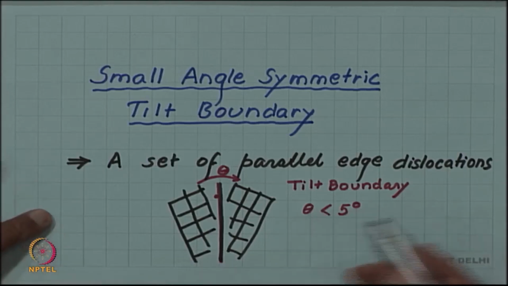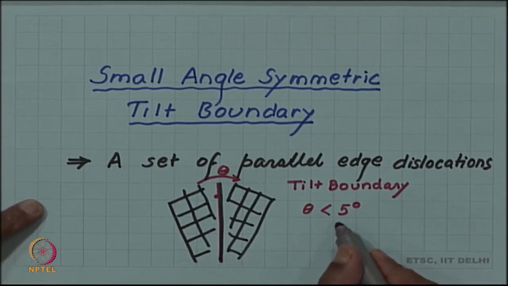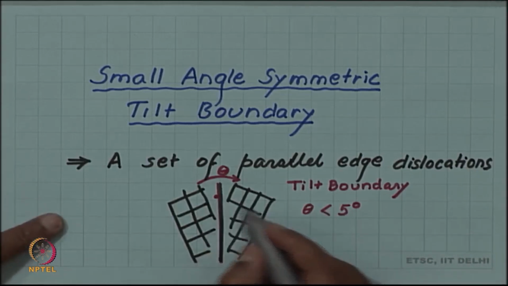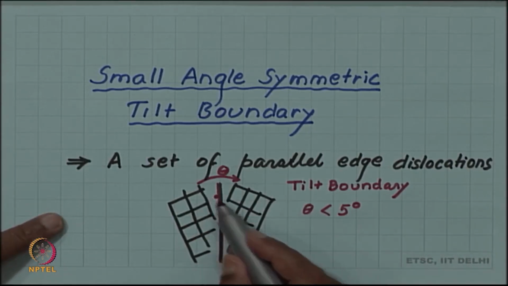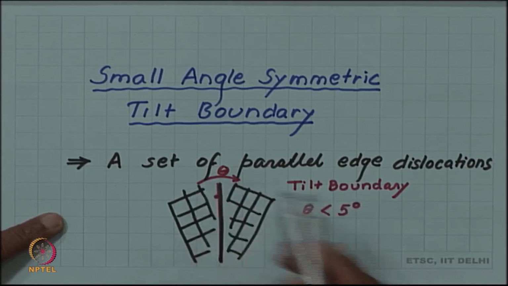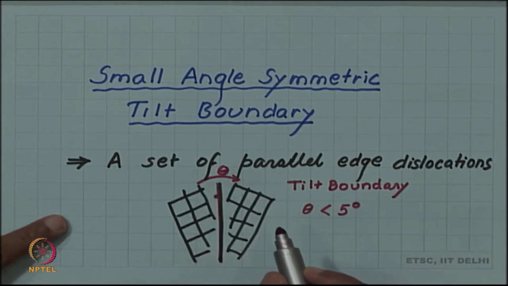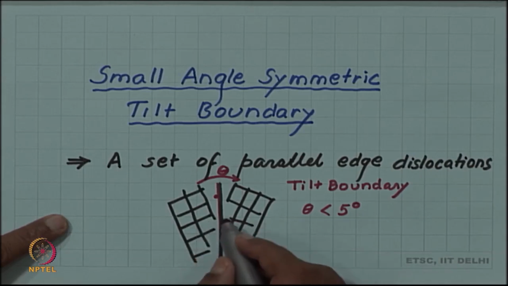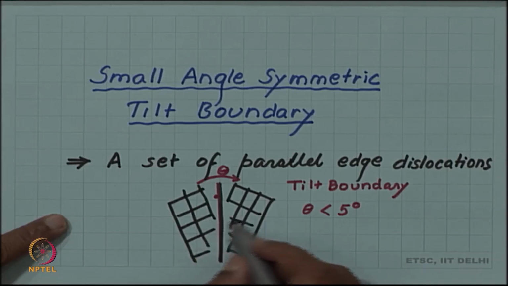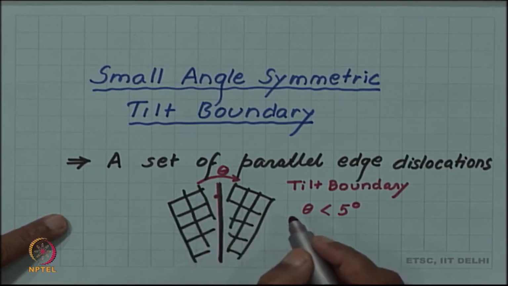I am being a little less restrictive by considering theta equal to 5 degrees. So this angle is small, and now you can see that the two crystals can be thought of as independently rotated about the boundary plane on each side.